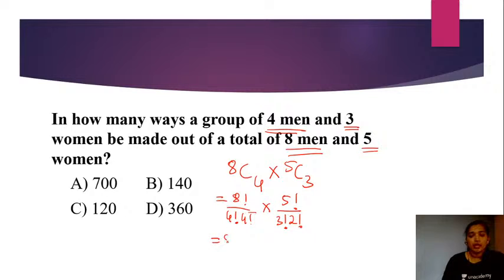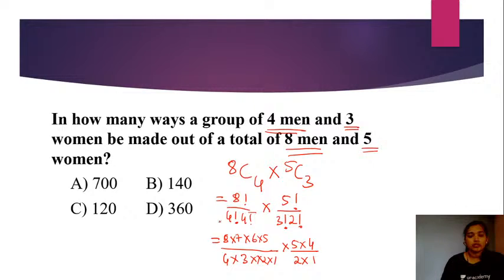Here you will have 8 into 7 into 6 into 5 into 4 factorial. A term in the denominator will cancel out, and the other 4 factorial is 4 into 3 into 2 into 1, multiplied with 5 factorial divided by 3 factorial, which is going to be 5 into 4 divided by 2 into 1.